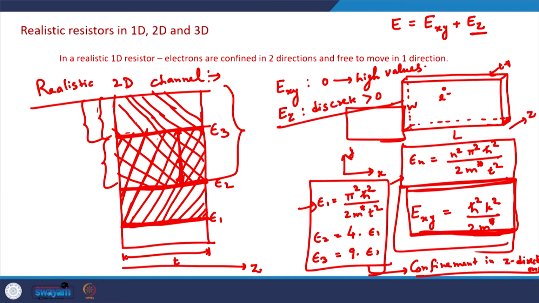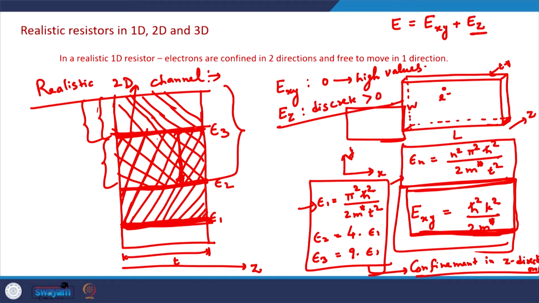Similarly, in this range, electrons sitting in epsilon 1 can also have energy, electrons sitting in epsilon 2 can also have energy, and electrons sitting in epsilon 3 can also have energy. Here the degeneracy is such that there might be three configurations of electrons above epsilon 3. So, in other words, these kinds of solids have subbands starting from the discrete energy levels because of the confinement. The discrete energy levels, epsilon 1, epsilon 2, epsilon 3, are because of the confinement in one direction.